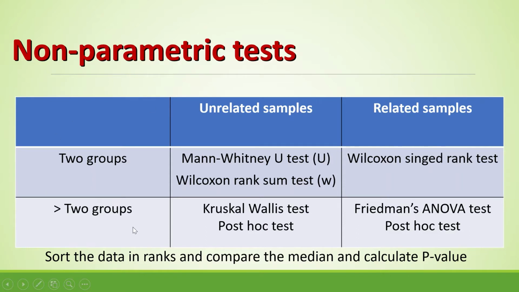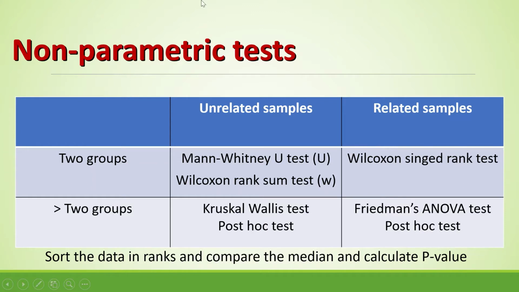And if you have more than two groups, 3, 4, 5, and these groups are related, a participant or individual has different measures in different groups, then the Friedman ANOVA test is the one to use for non-parametric test, followed by a post hoc test, and I will explain that in subsequent slides and show you how to do it in SPSS.